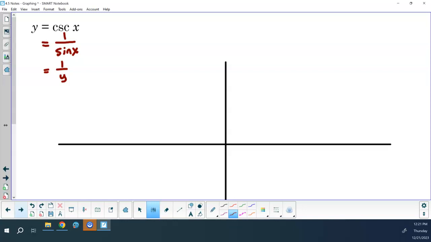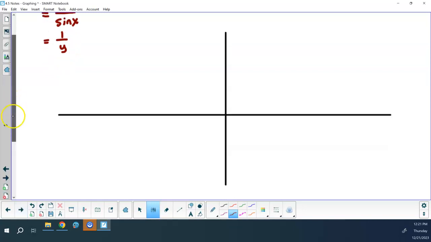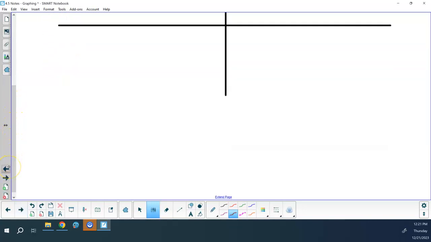Let's start. Oops, I almost put tangent again. Come on, Lens. We're on cosecant. What is the cosecant at 0 radians? Undefined, right?